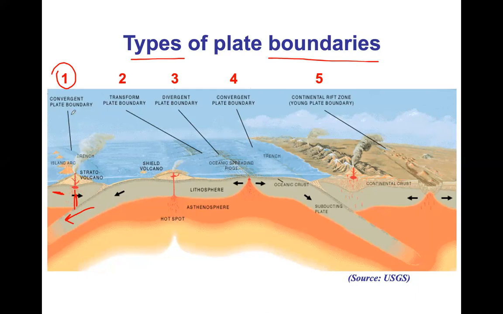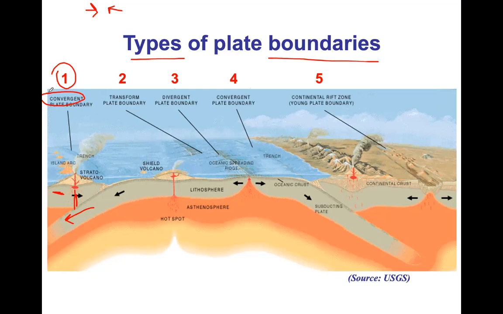So this type of plate motion, where one plate is moving towards the other, we call convergent plate boundaries, okay? So these are the convergent plate boundaries.